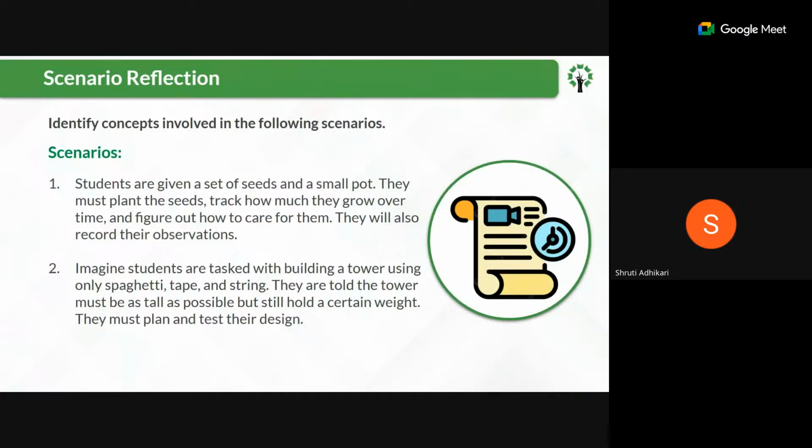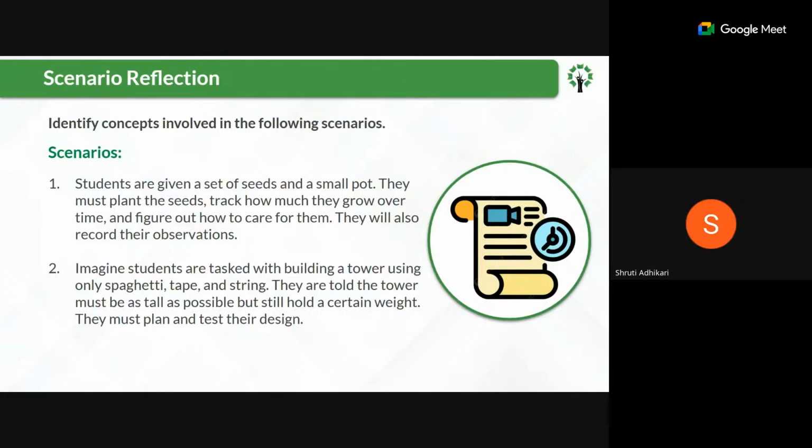Can we say that only one concept is there? Germination. Seed germination, okay, that is one concept. Perfect. Photosynthesis. Okay, we can say that. Any other concept you can think of? Data analysis.